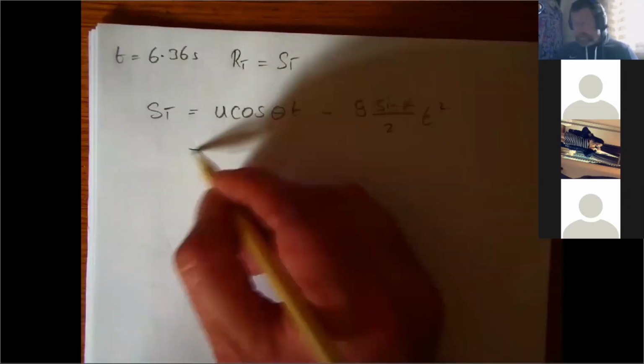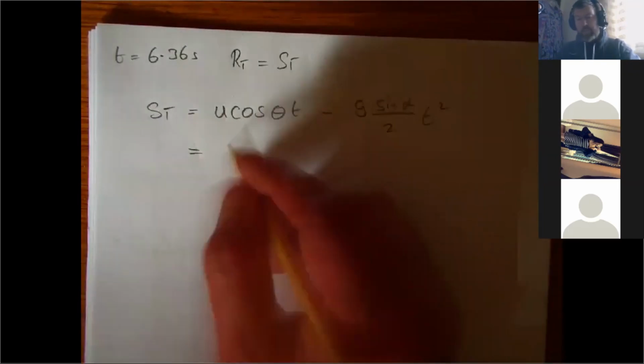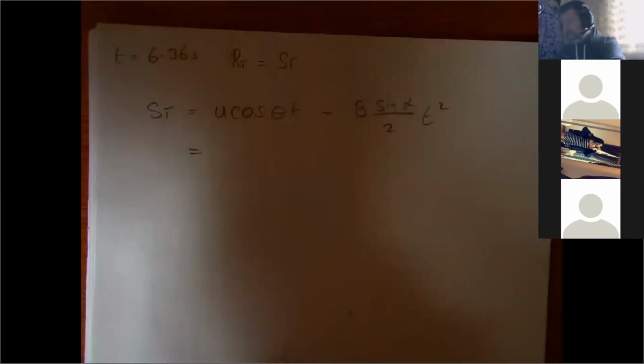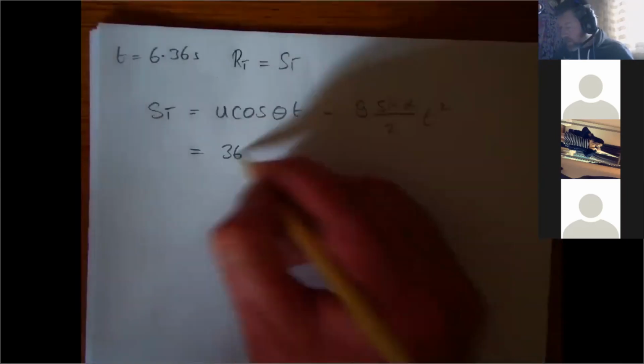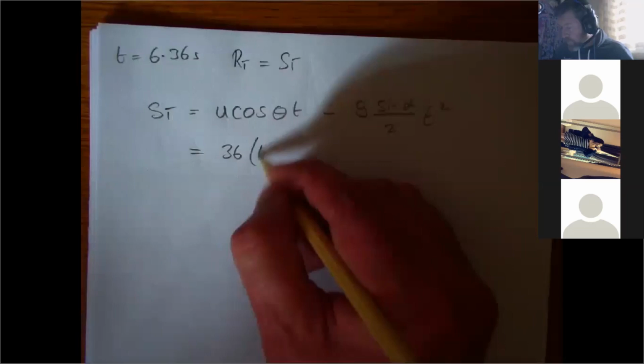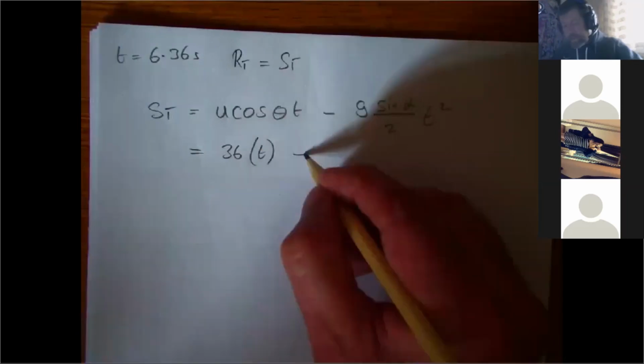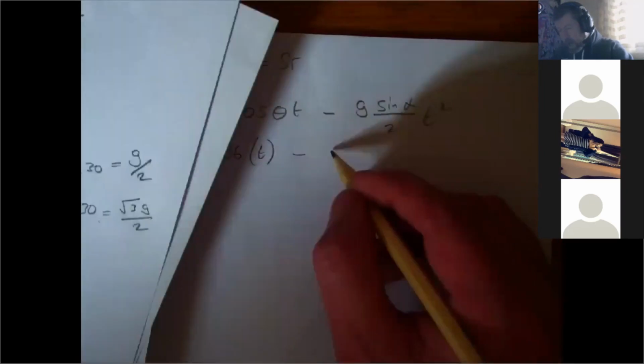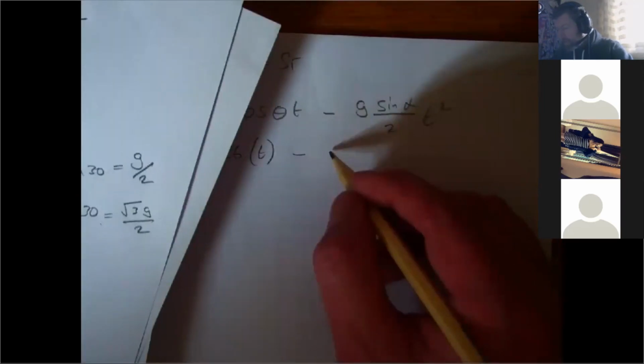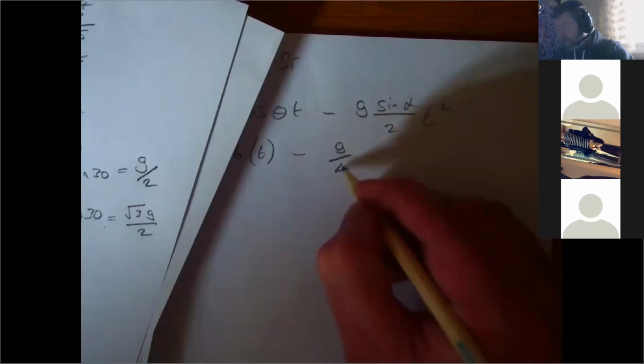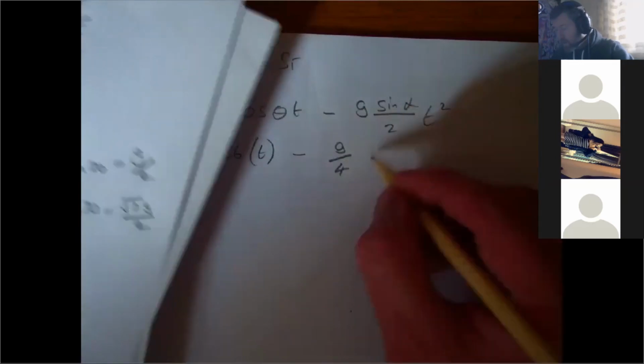This is the initial speed in the I. Back from the last page, I said that was 36I. So 36 times t, minus g sine 30. So that's g over 2, so it's g over 4 times t squared.